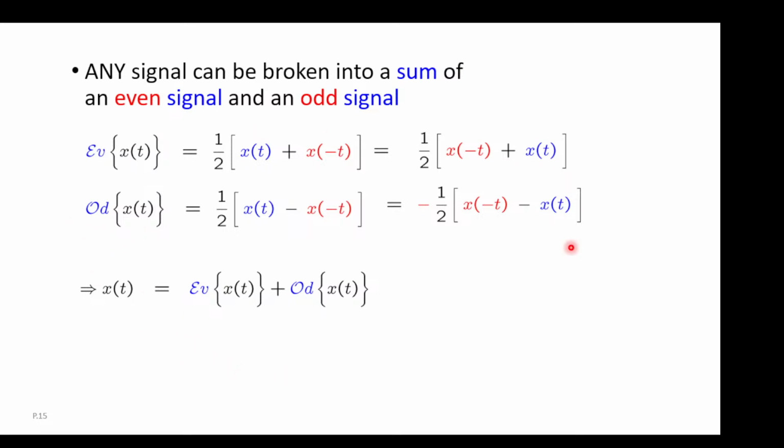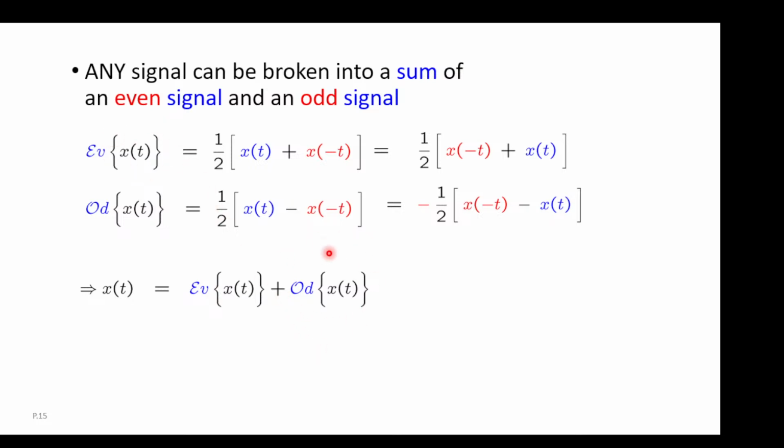I guess this is the first decomposition we're doing in this course, of a signal into different parts. So we can write our x of t as the even part of x of t plus the odd part of x of t. And this even part will be an even signal, and the odd part will be an odd signal.